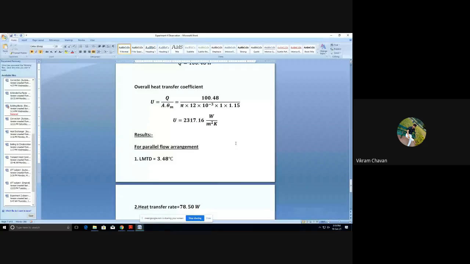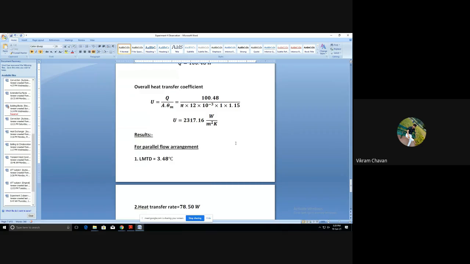If any one or two temperatures are missing in the given problem statement, then you have to go for the NTU methodology to calculate those unknown conditions, and then move ahead to the calculation of further things.